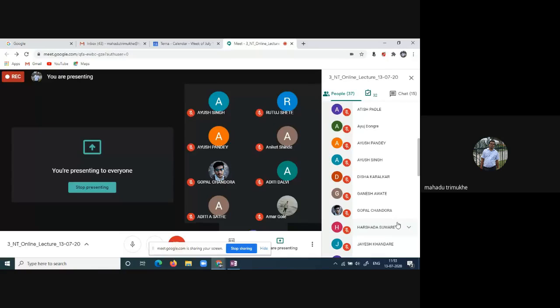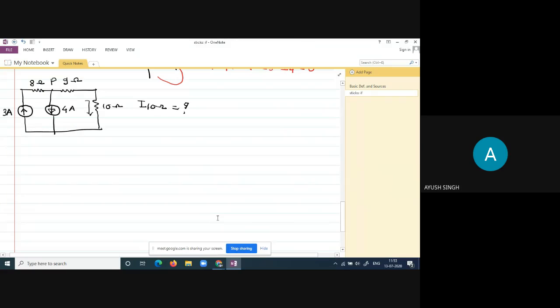Gopal, what is the current flowing through the 10 ohm resistance? Sir, it's very simple. There is no logic behind it.